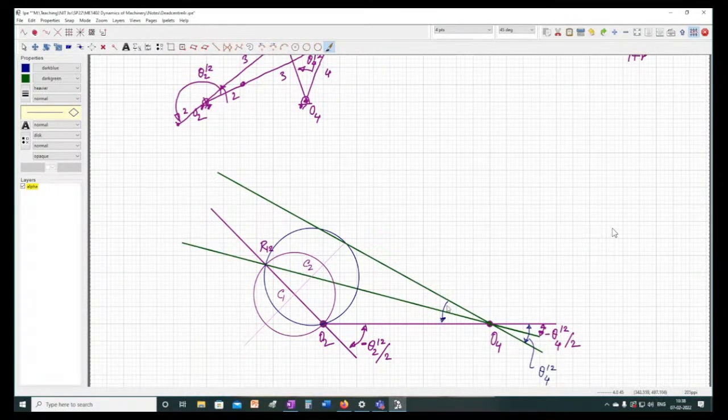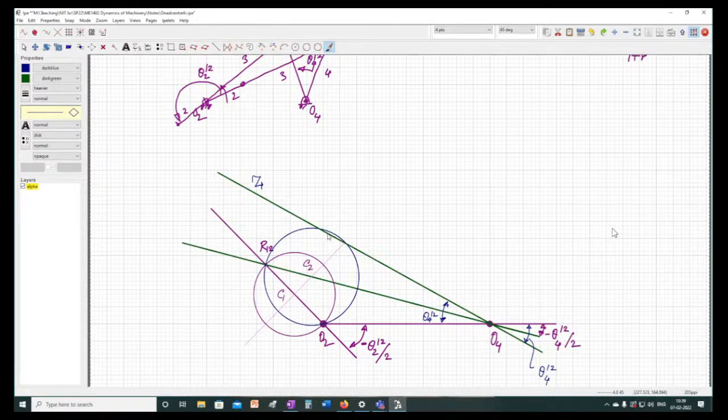This is theta 4 1 2. Okay, once you have this theta 4 1 2, and this line, we'll call it O4Z line.